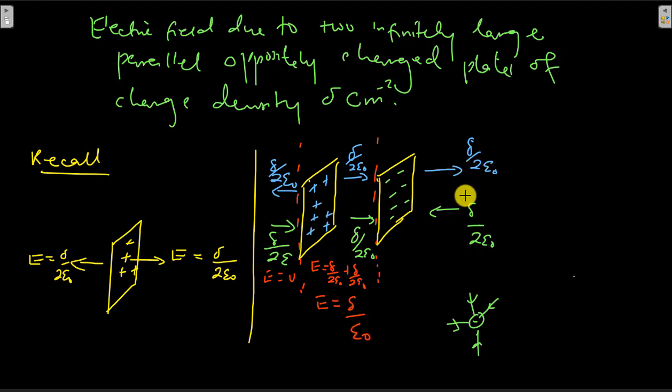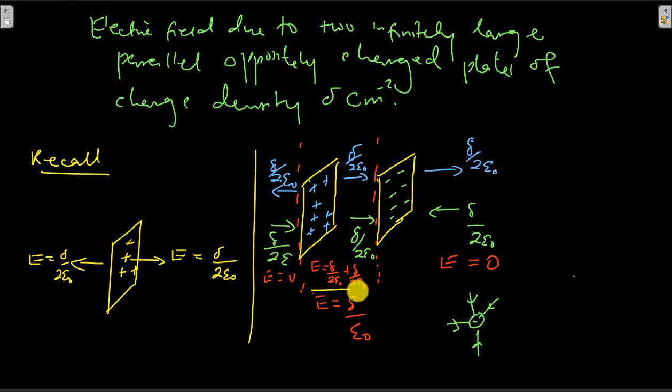On this side also we have sigma over 2 epsilon naught in this direction to the right. We have sigma over 2 epsilon naught to the left, so the resultant is going to be 0. So we only have the electric field in between the plates. On the other sides of the plates, we do not have an electric field.